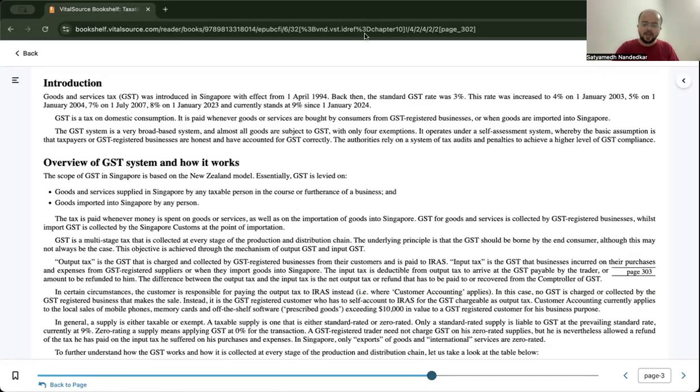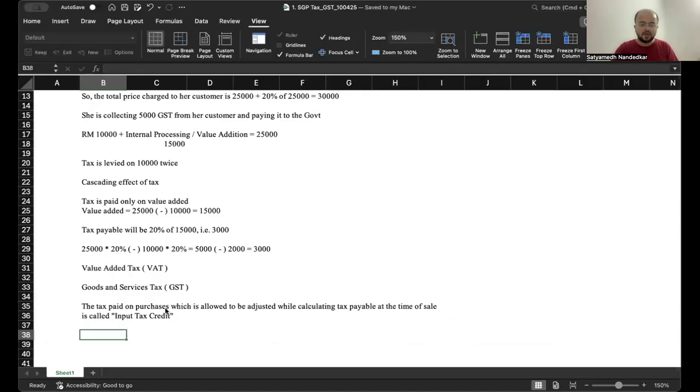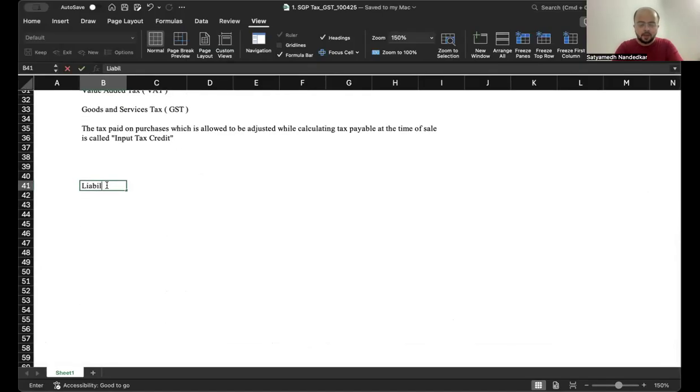Now, usually the liability for payment of GST falls with the supplier. Okay. Liability for payment of GST is on the seller or the supplier.